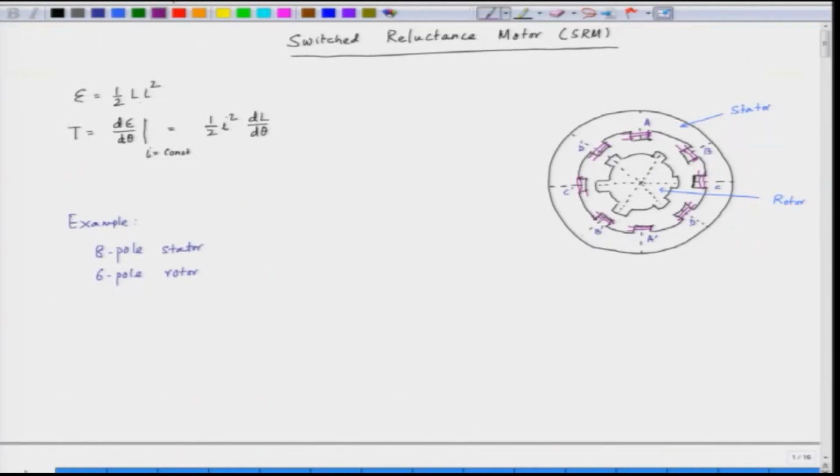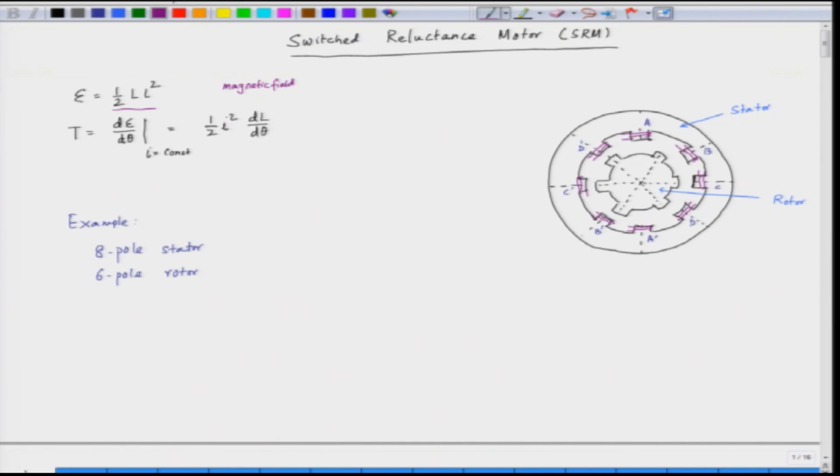So, in the last lecture we have discussed that the energy stored in an inductor is given by half L i square. Now, this energy is stored in the magnetic field. If we differentiate this energy with respect to theta, the position, with constant current, we find that this is equal to half i square dL by d theta.